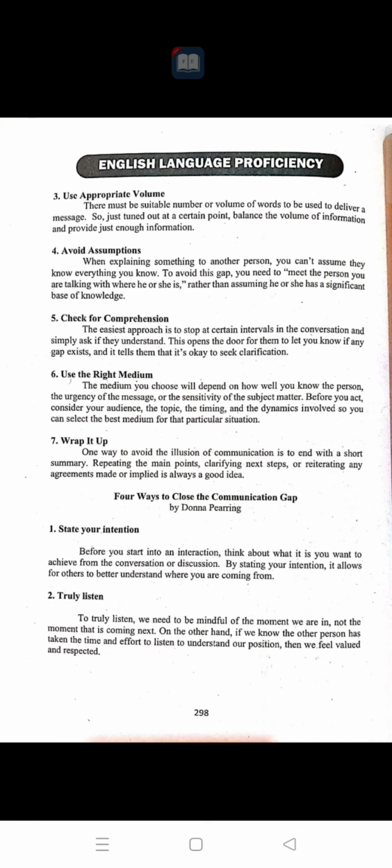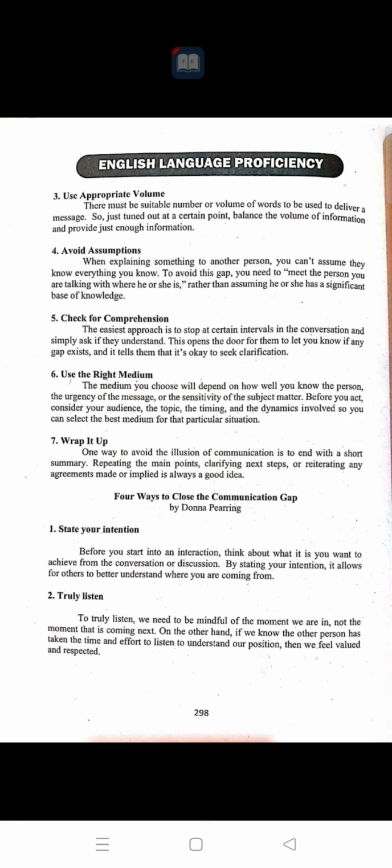Next is check for comprehension. The easiest approach is to stop at a certain intervals in the conversation and simply ask if they understand. So, ito yung usual na ginagawa ng mga teachers, like, say for example, they are discussing several chapters of a novel or several procedures in kung paano magluto ng isang recipe.